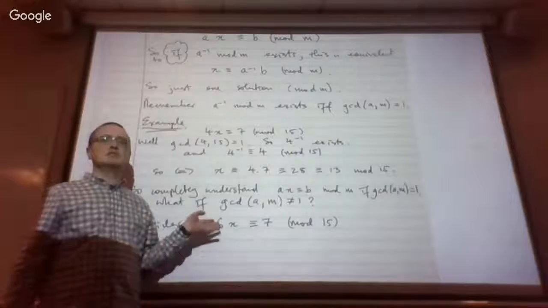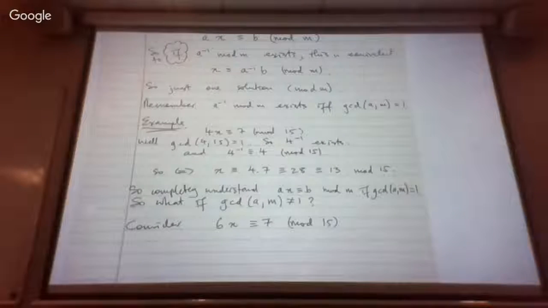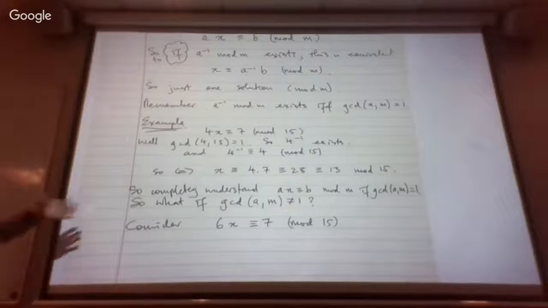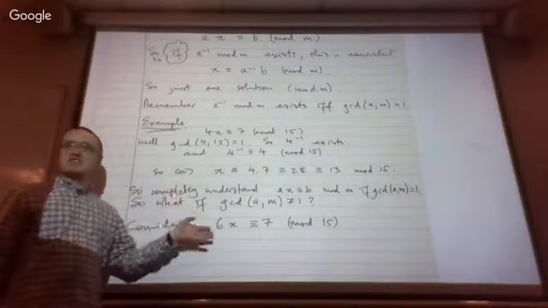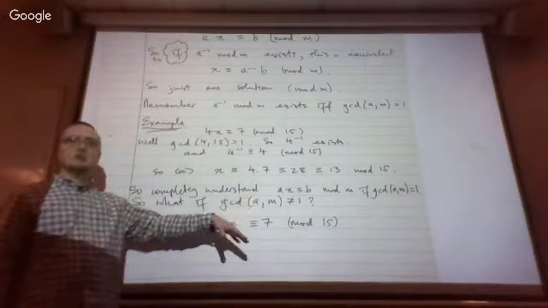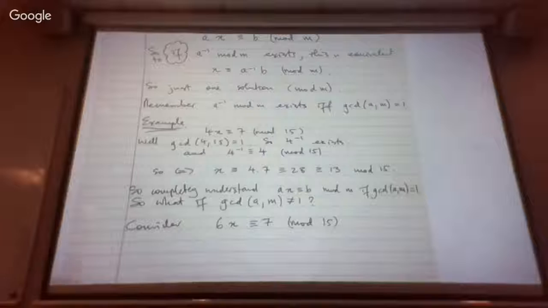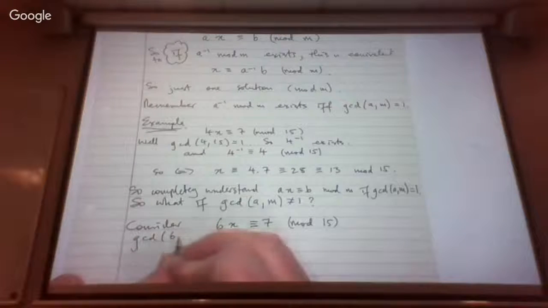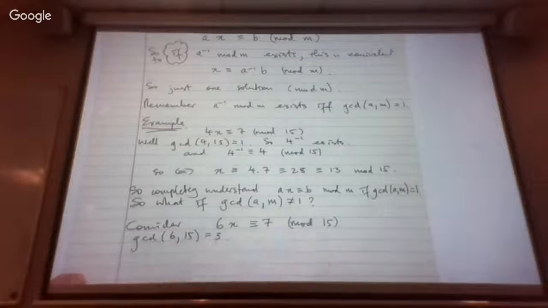I could get the computer to do it easily enough, but we'd like to understand it more mathematically. We're not able to multiply both sides by 6 inverse, because 6 inverse does not exist. There is no inverse to 6 modulo 15 because 6 and 15 are not co-prime. The GCD of 6 and 15 is 3.